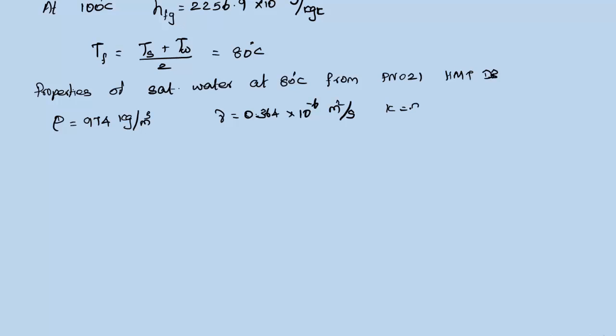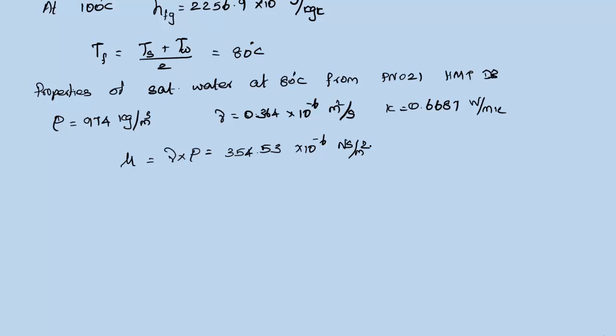K is equal to 0.6687 watt per meter Kelvin. Now from these values you have to find out the dynamic viscosity value, nu into rho. That value will be 354.53 into 10 to the power minus 6 Newton second per meter squared.